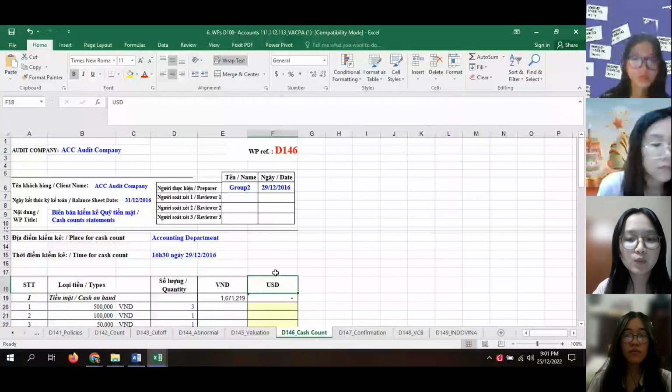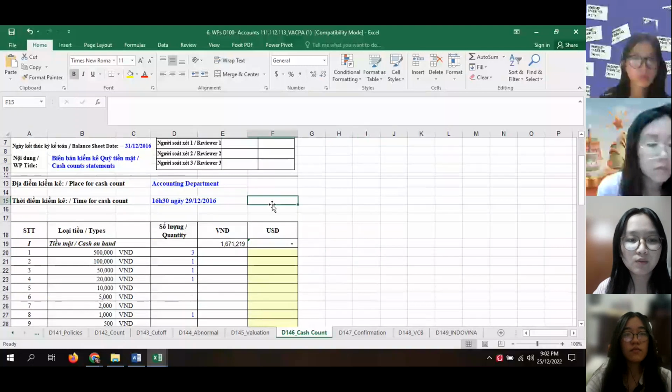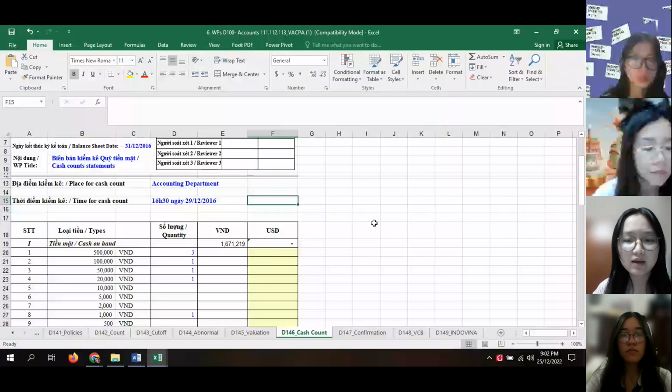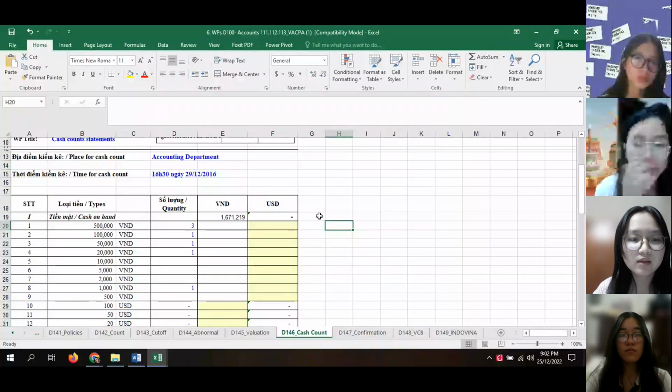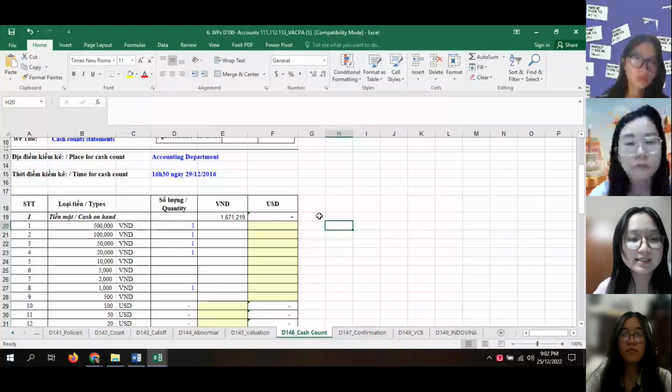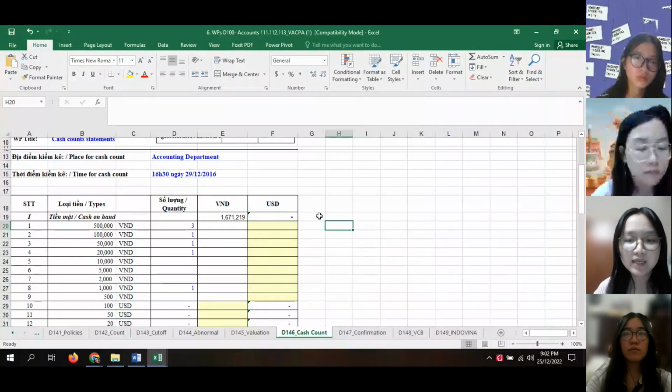So with cash on hand, we have 500,000 and 500,000. One for 100,000, one for 50,000, one for 20,000, and the last one for 1,000 VND.